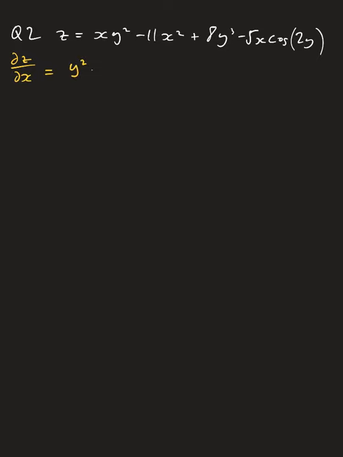Minus 11x squared becomes minus 22x. 8y cubed has no x's, so it goes to 0. And I have minus 5x times cosine of 2y. That has an x to the power of 1 in it and a bunch of constants, so it just becomes minus 5 cosine of 2y. So let's take out the 0 and write it down.